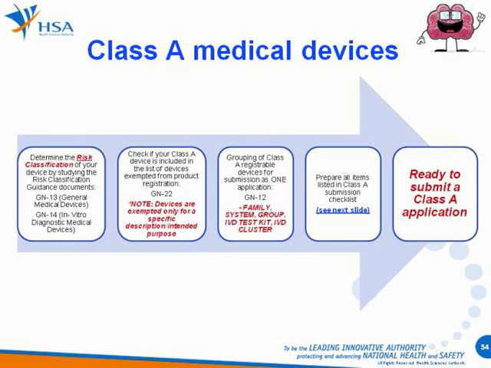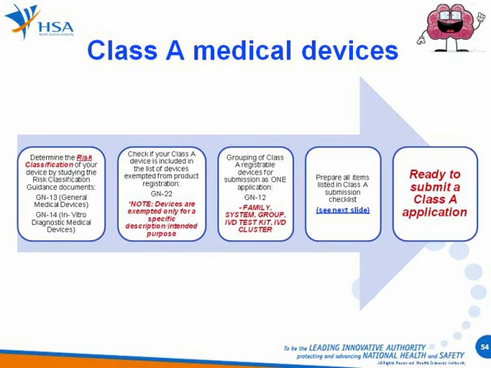Secondly, check if the device is exempted from product registration. The list of medical devices exempted from product registration is provided in GN22. If there are multiple Class A devices to register, check if they can be submitted in one application according to our grouping rules detailed in GN12.